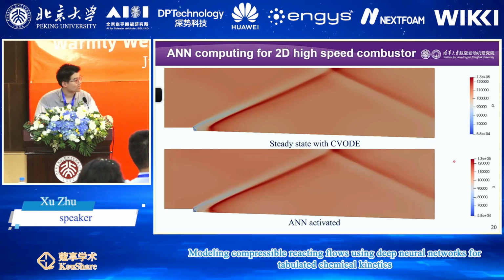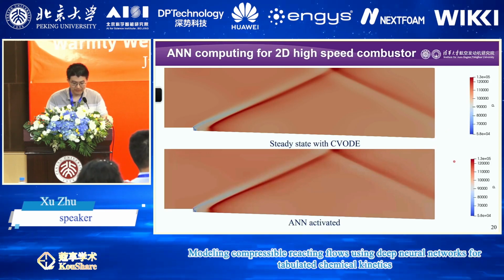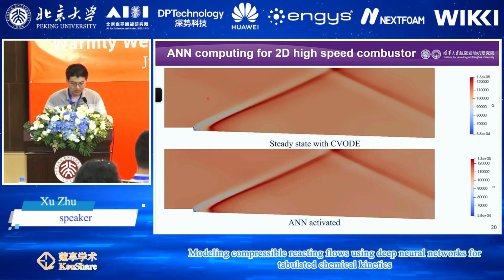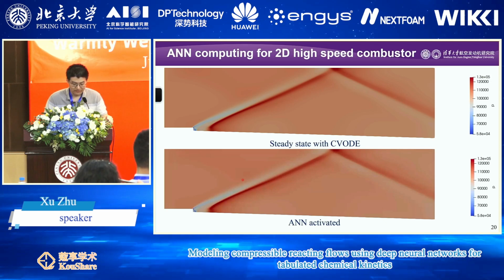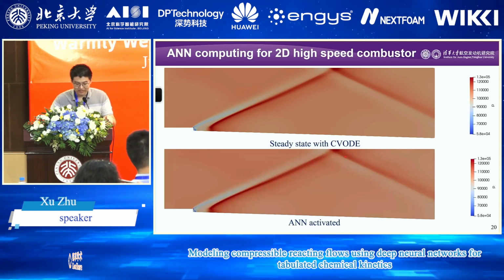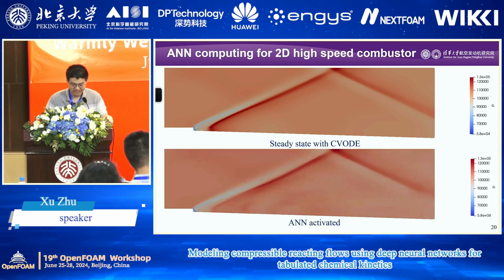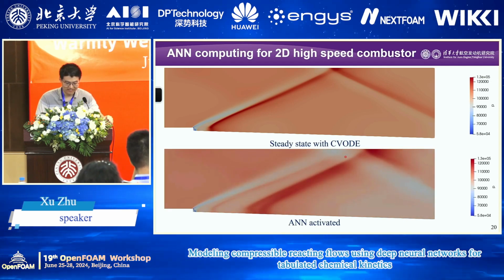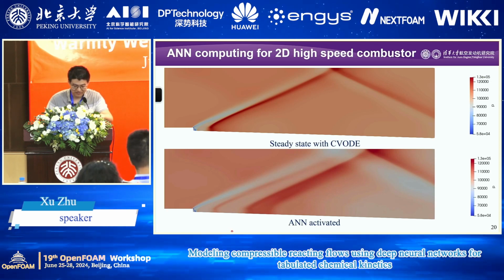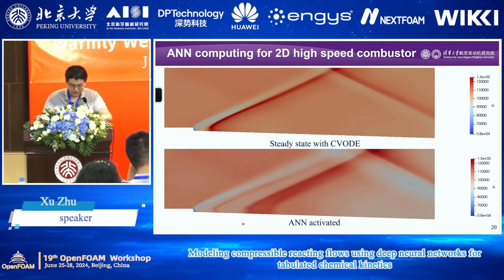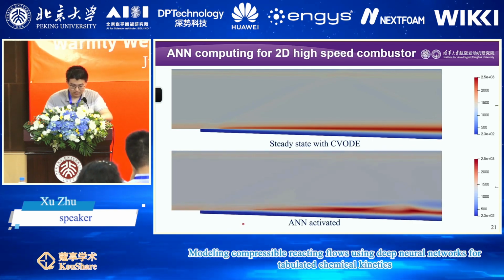So here is the test. We use ANN computing for this 2D high-speed combustor. The top figure is the steady state of the combustor, and now we're going to activate the ANN method to see what's going to happen. We can see that there's a slight change in this region. Now let's look at the T contour.